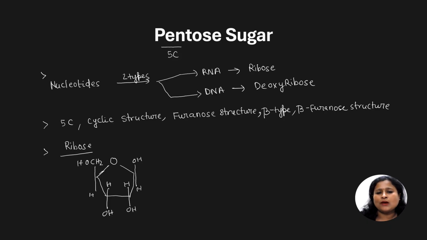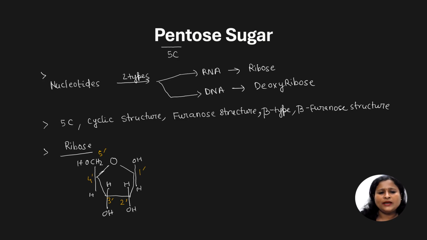Now let's look at the numbering of the carbon atoms. For numbering, we always start from the right of the oxygen atom. This is 1 prime, this is 2 prime, 3 prime, 4 prime, and 5 prime. The fifth carbon is always outside the ring structure.